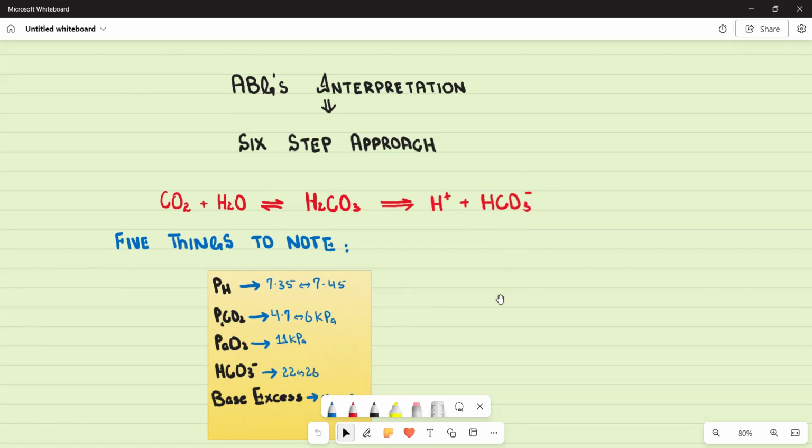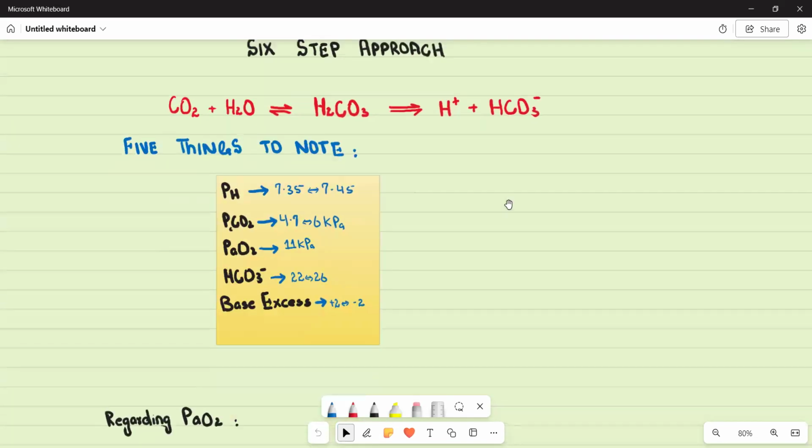Okay, let's discuss some of the normal values. So first of all, pH in the arterial blood is between 7.35 to 7.45. Anything less than 7.35 is said to be acidosis. Anything more than 7.45 is said to be alkalosis. Okay. Then we have partial pressure of carbon dioxide.